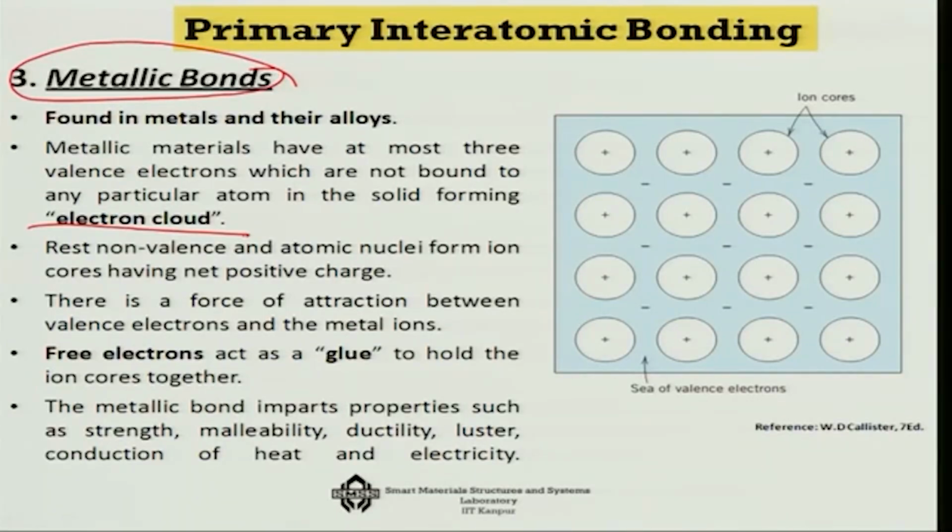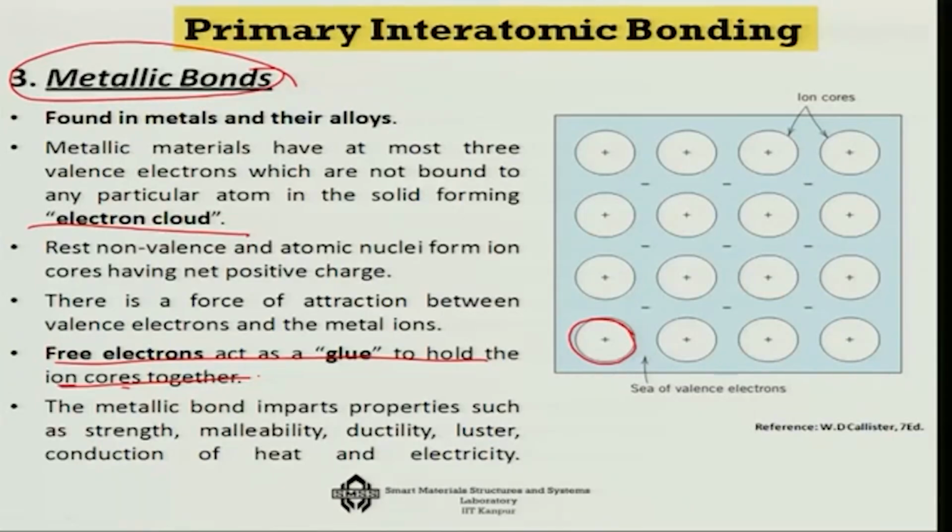You can define a metal as positive ion cores, each ionized, with a glue of free electrons around them which acts as a glue across all the ion cores. That is what makes metallic bonding.